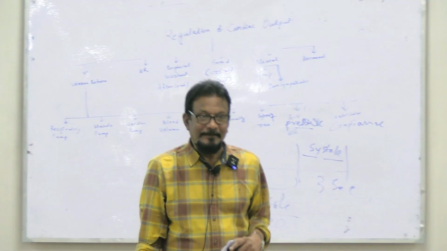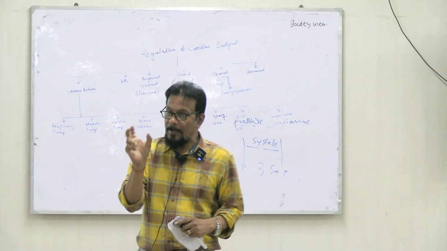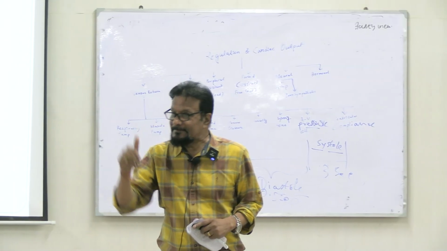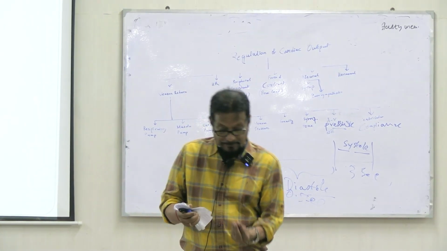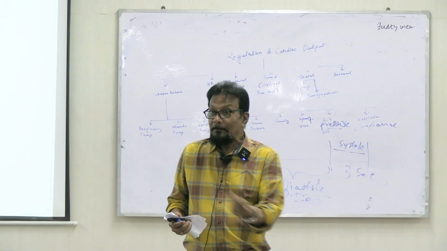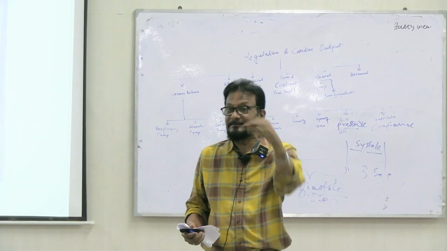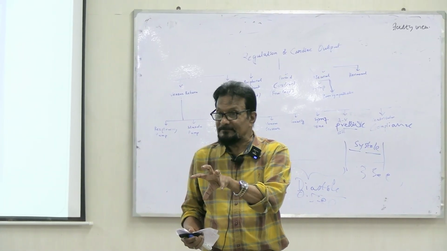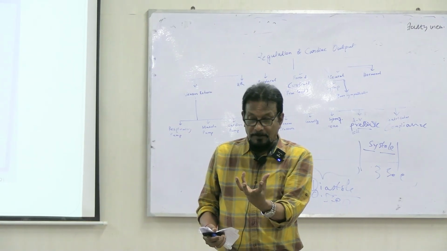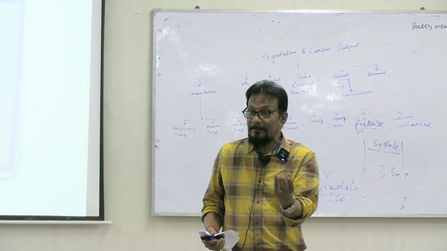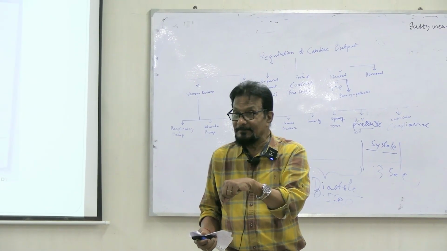That is, this 0.5 second will be gradually decreasing. What does it mean? Diastolic time is decreasing, meaning less filling time. During diastole, what happens? Blood is entering into the ventricles. So this time is lessened. As a result, less blood is entering.